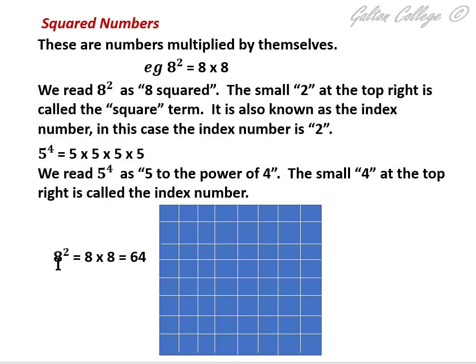Good. So we have 8 across and 8 up. And if you count all the squares in here, I suggest you trust me on this, we'd have 64. 8 times 8. So there's 64 squares there. And that's the idea. 8 squared, 8 times 8, 64.